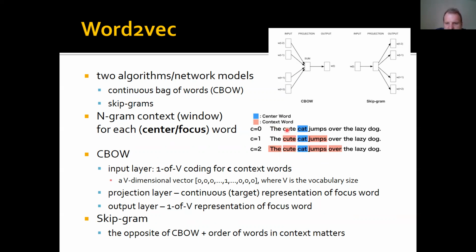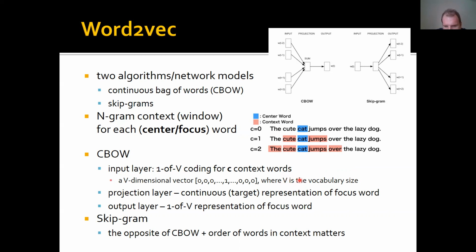And how it's done technically? Technically, we represent every word, every term, using so-called one-of-V coding, or one-hot encoding, where we already have the vocabulary. This is similar to what we had in the vector model. We have a vocabulary that has size V now. This is different terminology; this V is the same as M in the vector model.